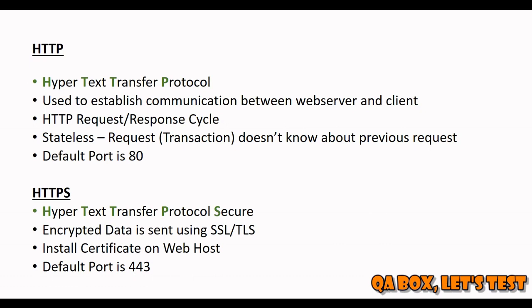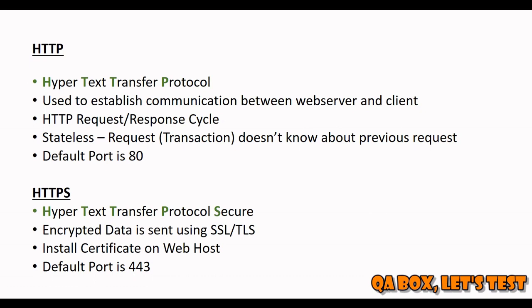Okay, there is a more secured version of HTTP which is called HTTPS, and that is Hypertext Transfer Protocol Secure. So whatever data we send using this protocol is encrypted using SSL and TLS. These are other technologies. So now how can we achieve that? We have to install the certificate on the web host.